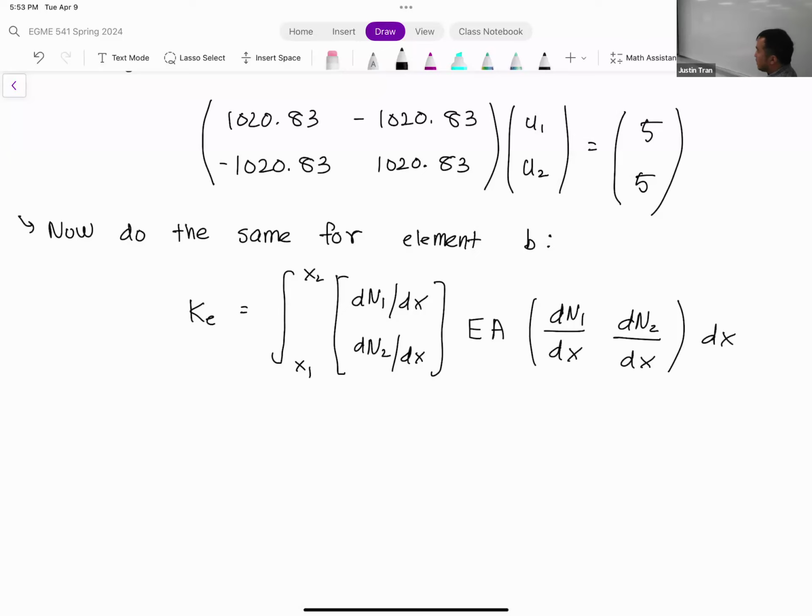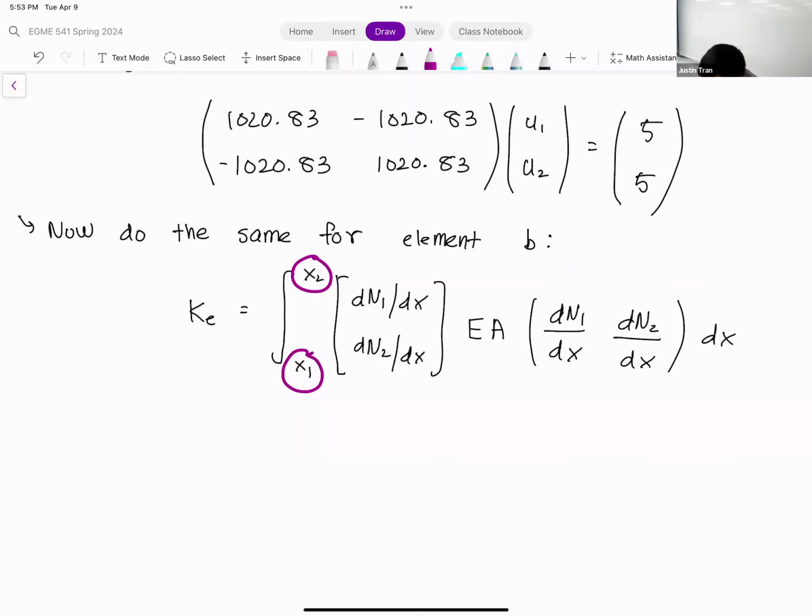All right, so now it's just going to be another plug and chug. But one thing you have to be careful of is that when you're performing these integrals, and when you're evaluating your shape function derivatives, you have to note that for every element, the x1 and x2 are going to change.